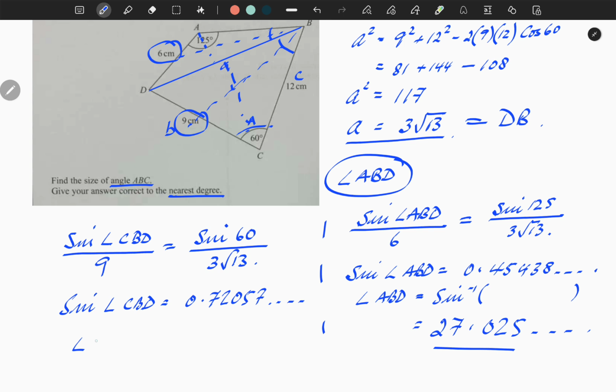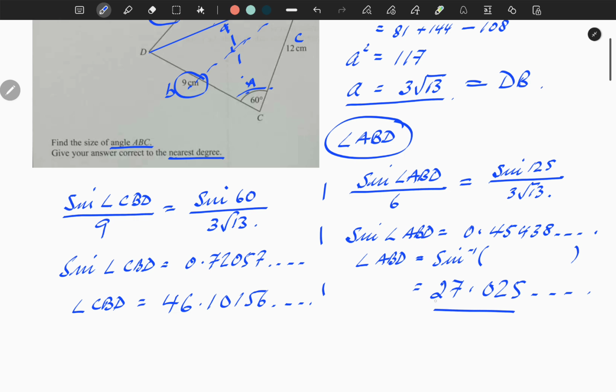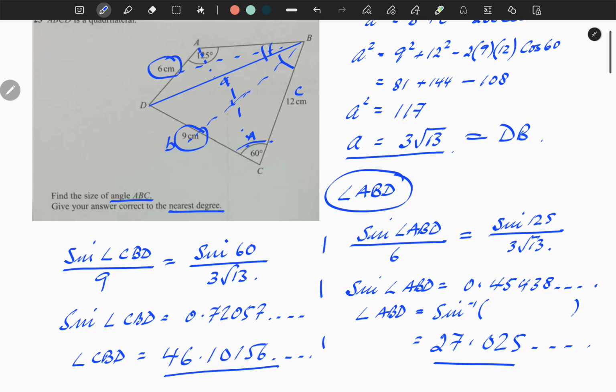Therefore, angle CBD equals, bear with me, 46.10156, and so on. And therefore, when you put the two angles together, you will get the whole of angle ABC, which is what we were after originally.